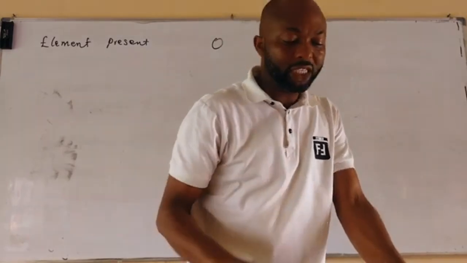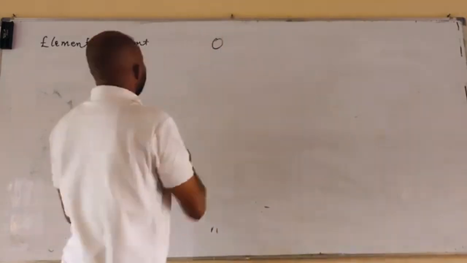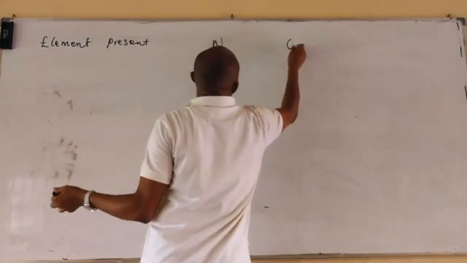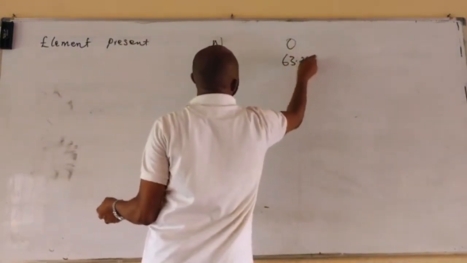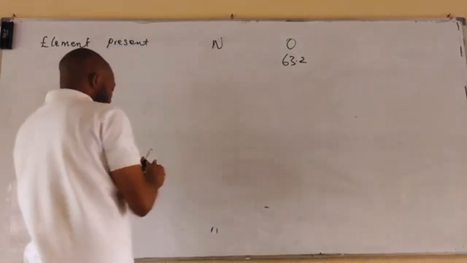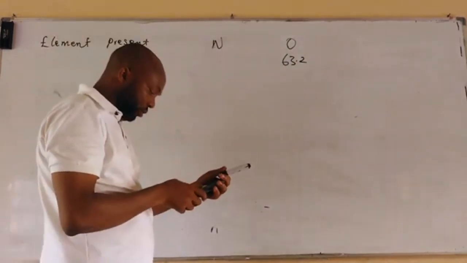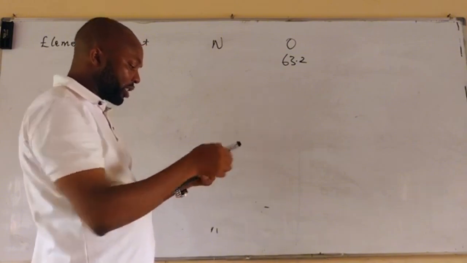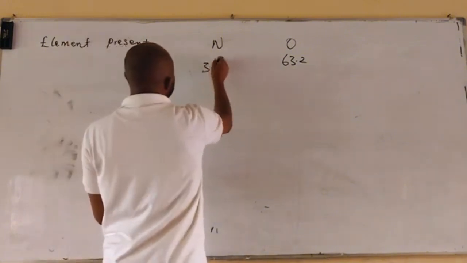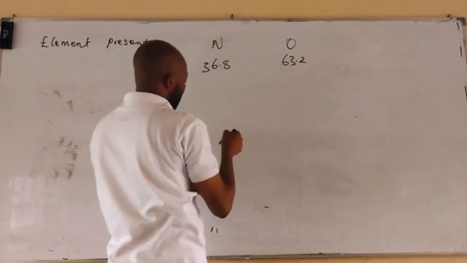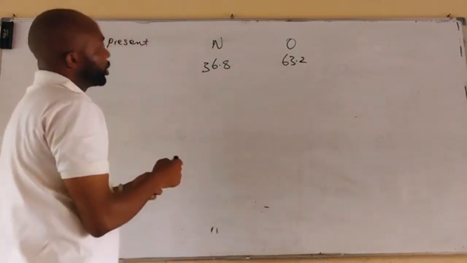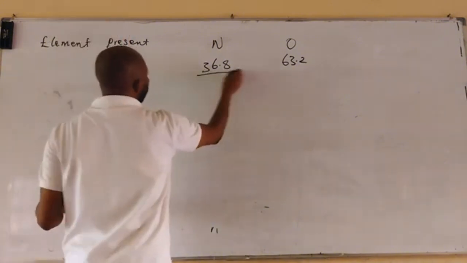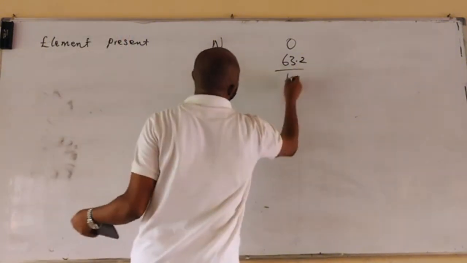We check the percentage, 63.2. So nitrogen should come first. Oxygen is 63.2. Now, 100 minus 63.2 will give us 36.8. So that is for nitrogen. And we divide by their atomic masses, which here is 14, here is 16.